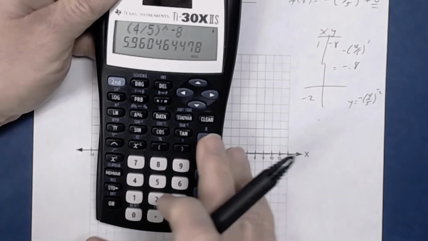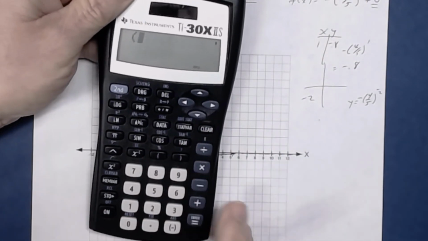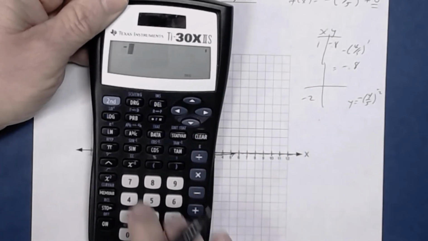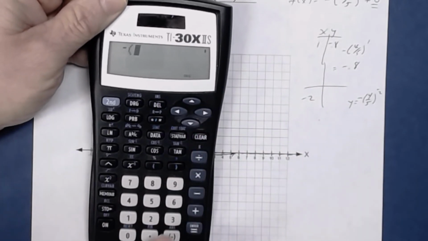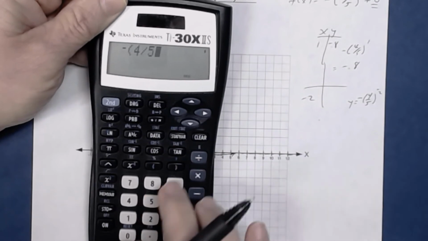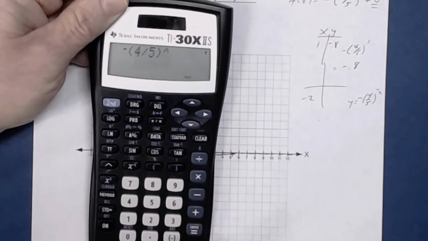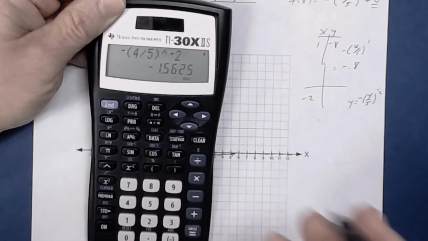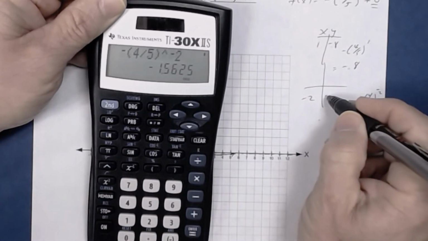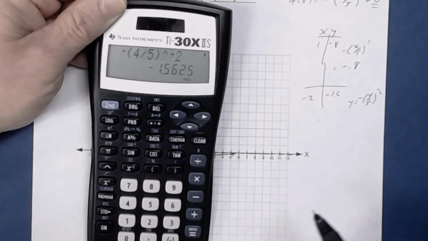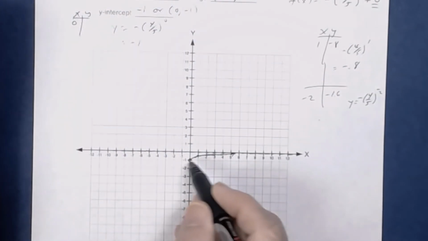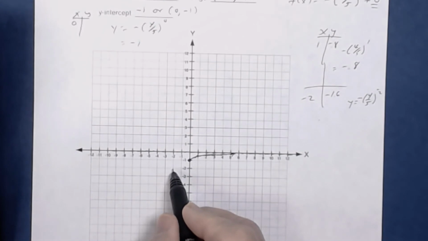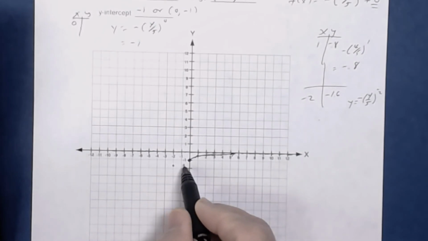In your calculator, go ahead and put that in there: parentheses, negative, and then parentheses 4 divided by 5, raised to the negative second power, equals negative 1.56, so about negative 1.6. This is an approximation. So negative 2, negative 1.6 is about here.